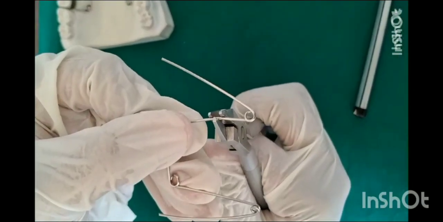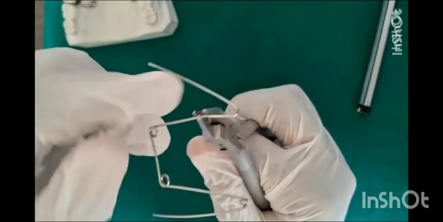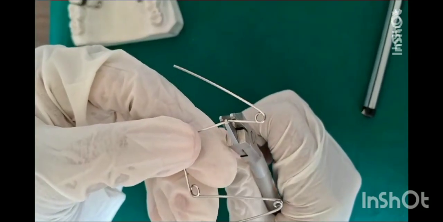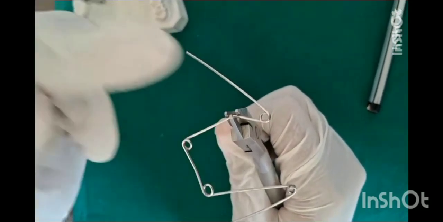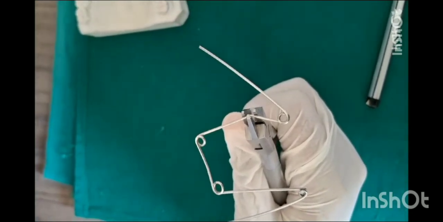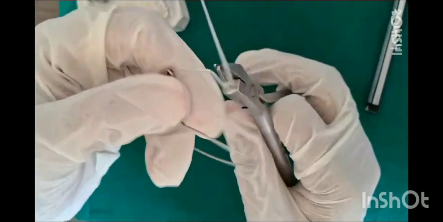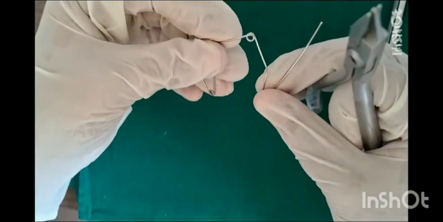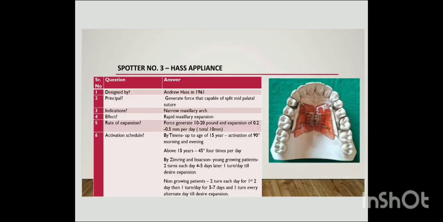We engage the 3-prong plier in the posterior bridge, and by activating the posterior bridge and the outer arm, it will expand the premolar and the canine region. Quad helix we will use in case of unilateral crossbite also.